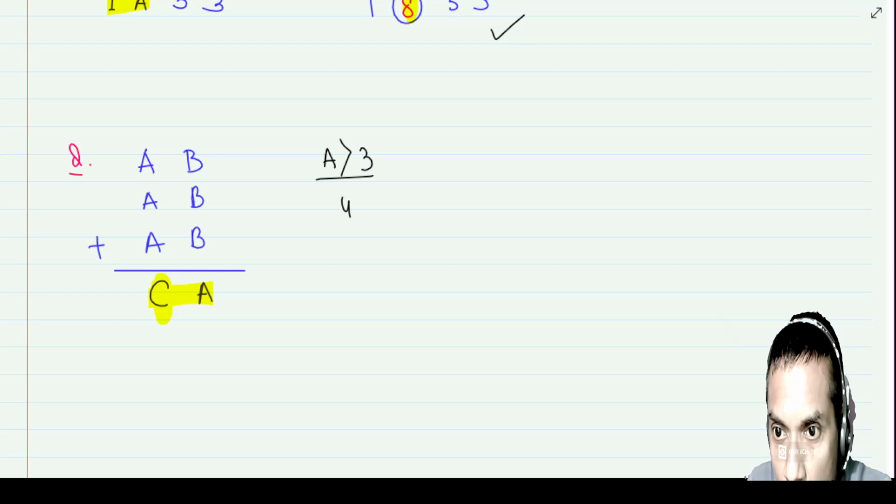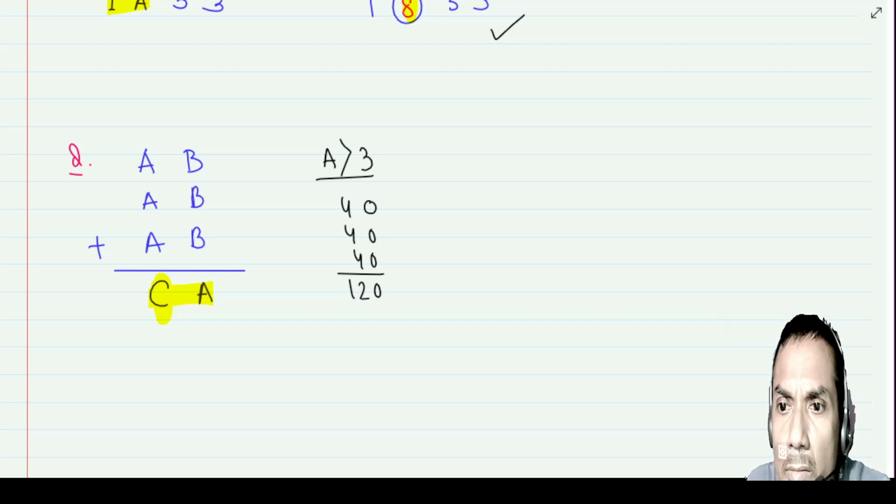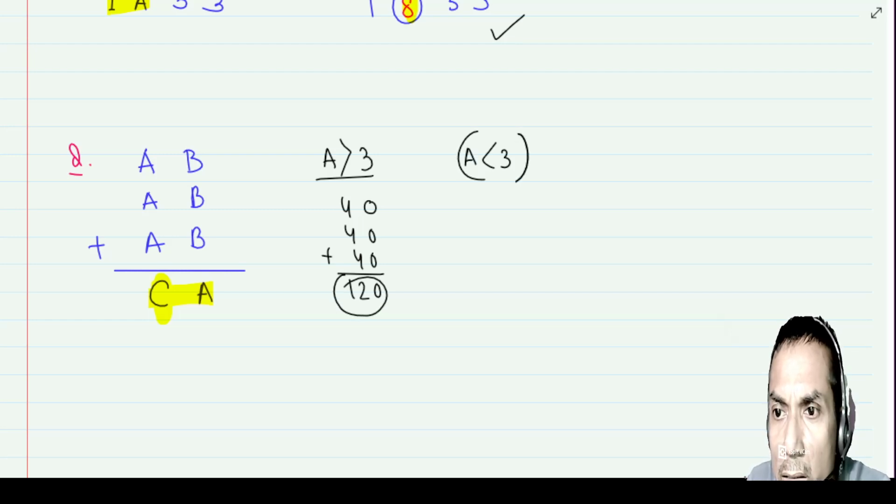Suppose it is 4 and the least value of B is, for example, 0, then also it is not possible. So this is 12. Okay, so this is a 3-digit number, so A must be less than 3.